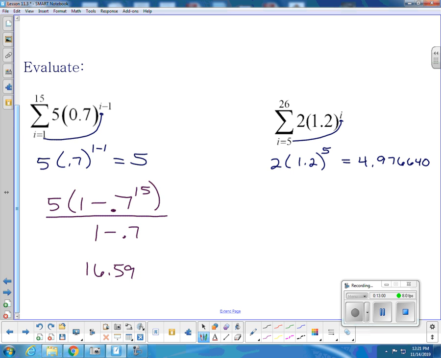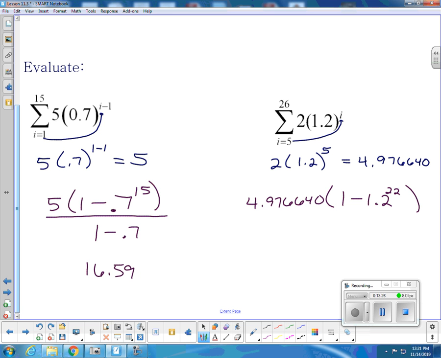I'm just going to leave it in my calculator, and I'm going to start my next calculation with it. So we're going to take this big long number that we just put in times 1 minus the ratio, again, that base, 1.2. How many terms do I have? From 5 to 26. 22.